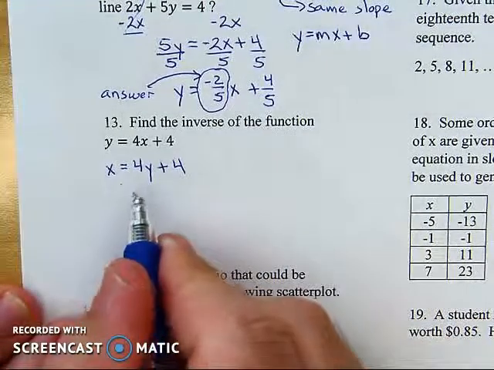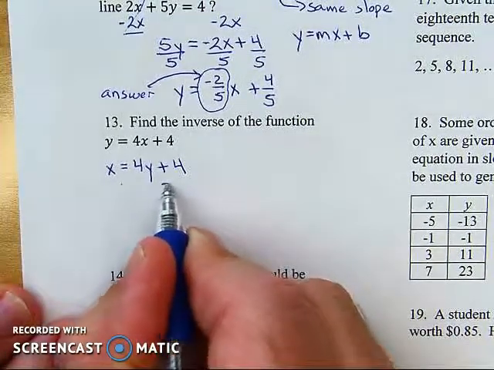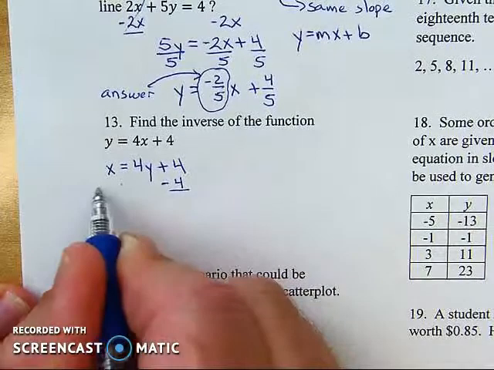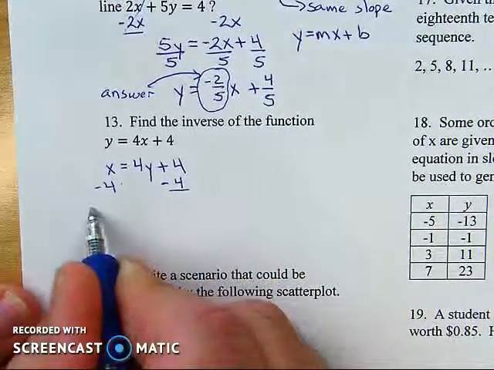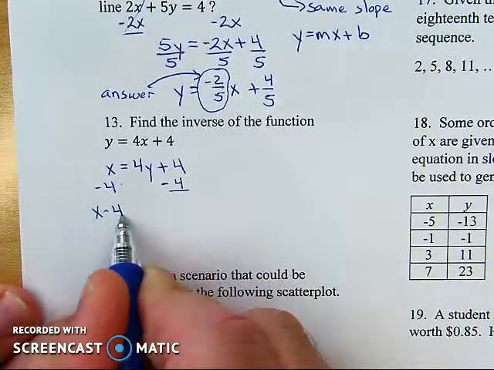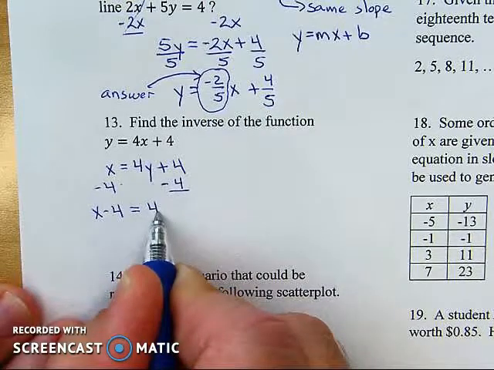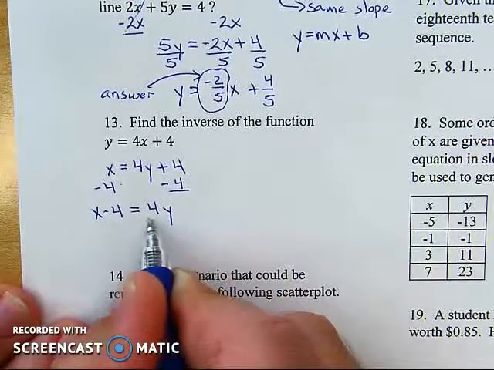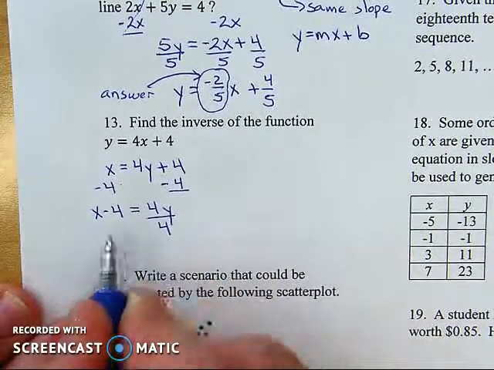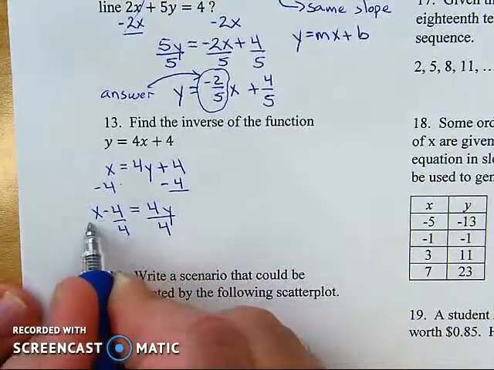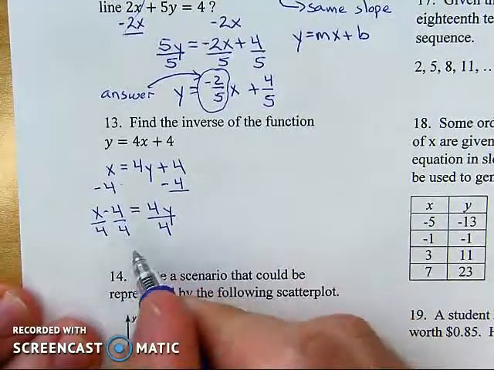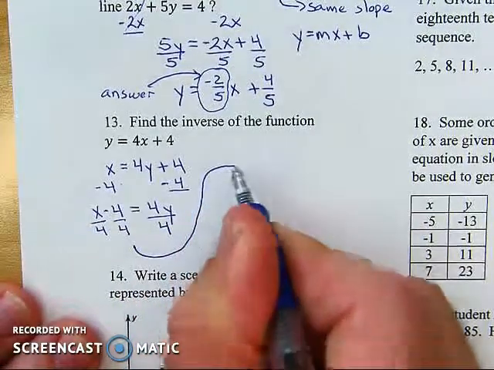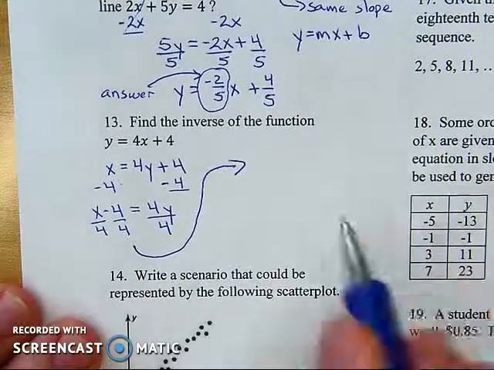All right, now we have to get y by itself, so I need to subtract 4 from both sides. So I'm going to get x minus 4 on the left, and over here I'll have my 4y. And then, once again, I need to solve for y, so I'm going to divide everything by 4. I'm running out of space, so I'm going to come on over here.